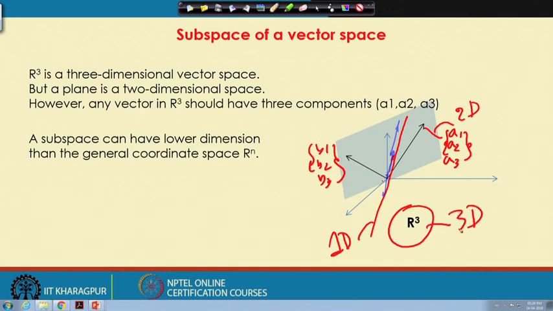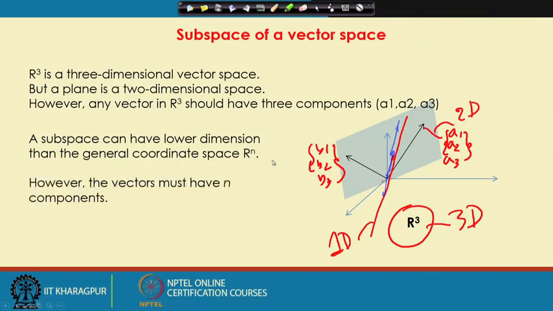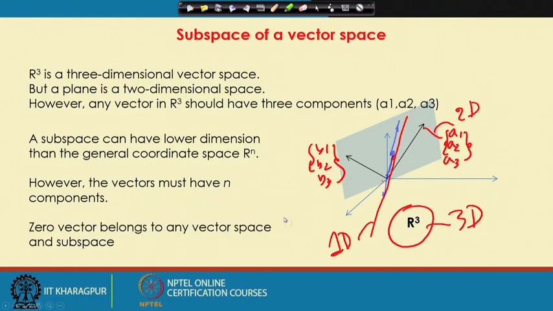So, the 3 dimensional real coordinate space has 1D subspaces and 2D subspaces; a larger dimensional real coordinate space can also have smaller dimensional subspaces. However, the number of components in the vector is the same as the dimension of the real coordinate space. The vectors must have n components.